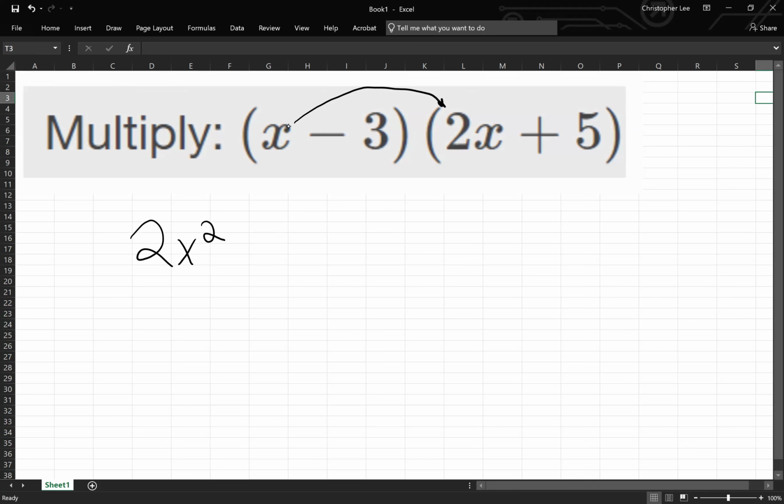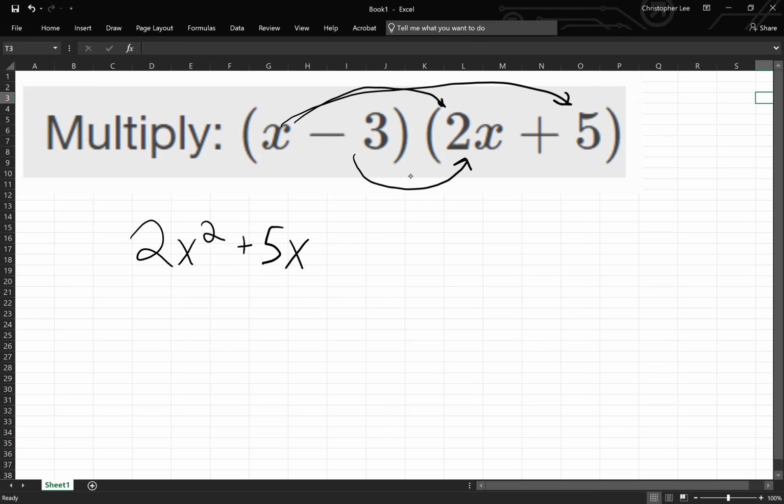And then we have x times 5, which is what? 5x. Negative 3 times 2x, what's that? That's our negative 6x. And last but not least, negative 3 times 5, that's negative 15.